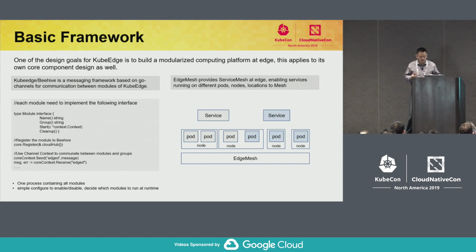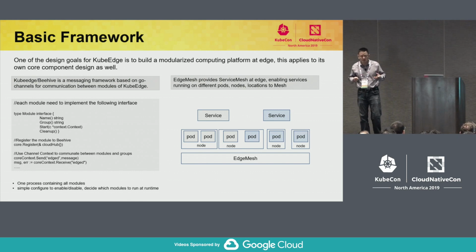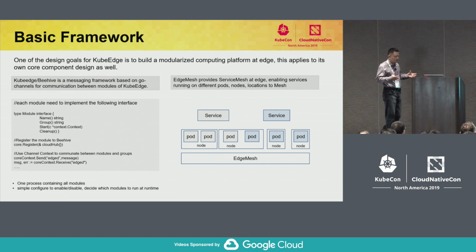That gives us the flexibility and cleanness of just one process and one binary, and also the benefit of keeping the footprint to a minimum, because as we know, edge computing resources are limited, even though they're already a lot bigger than before, but we want to save that for the critical business applications.